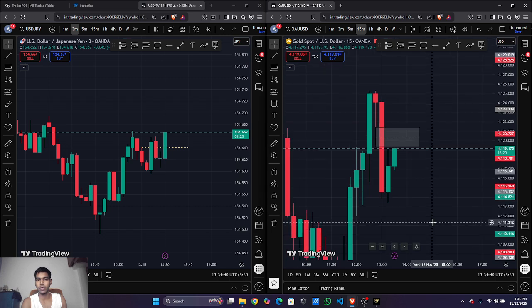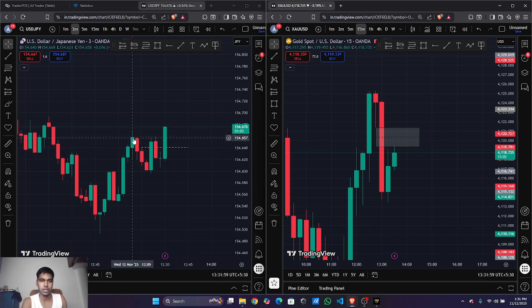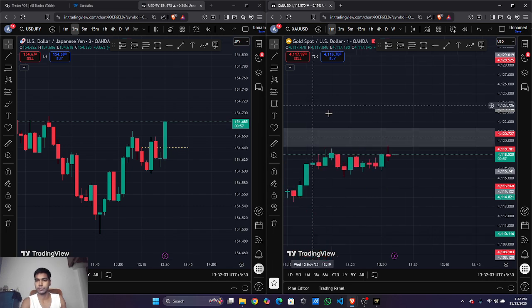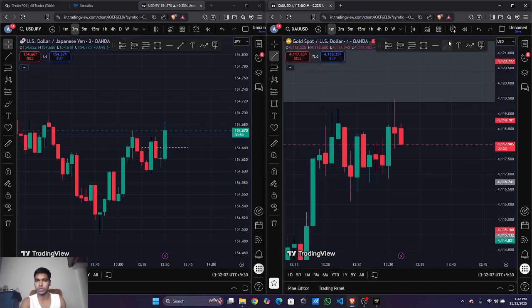One in gold, one in JPY. I'm placing a limit order on the retest of this level. Okay, gold. 1 minute break of structure and we will enter in gold. Oh, JPY.